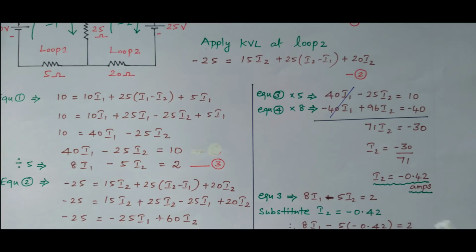Right? Now we calculated the value of I2. By substituting this I2 in equation 3, we'll consider this equation 3. In this we can substitute this I2 value. So 8 I1 minus 5 I2 equal to 2, that is equation 3. In that we are going to substitute the value I2 equal to minus 0.42. Right?